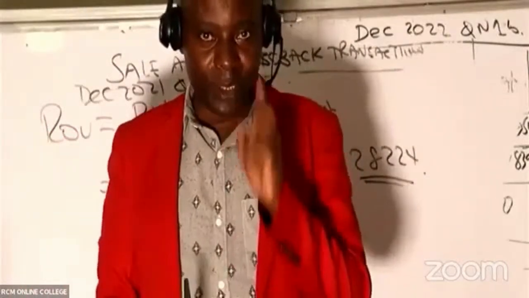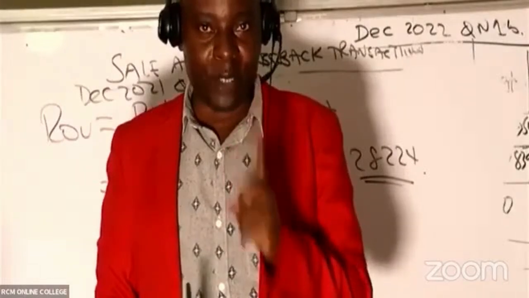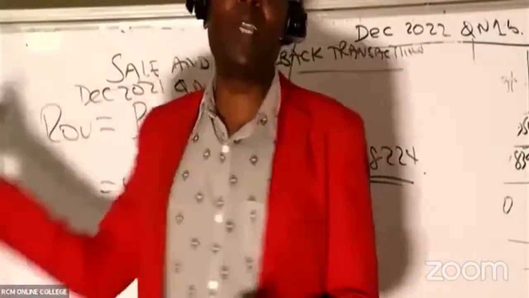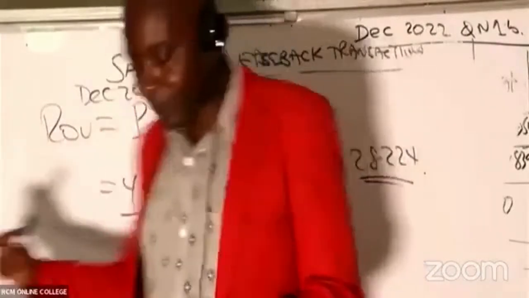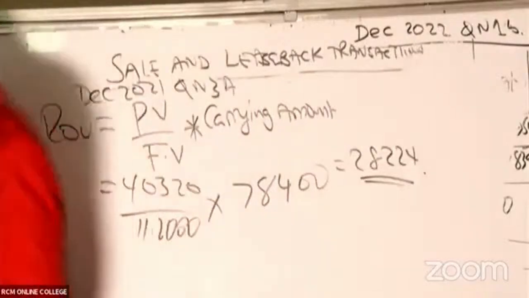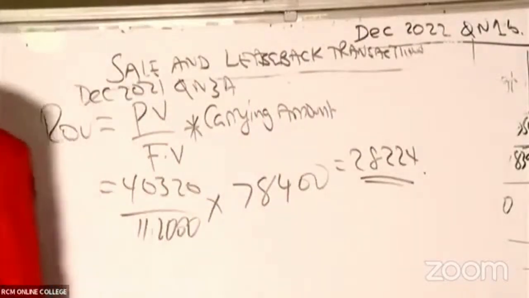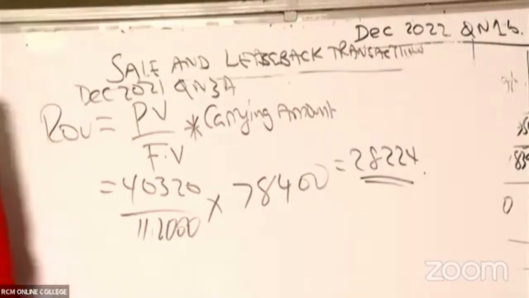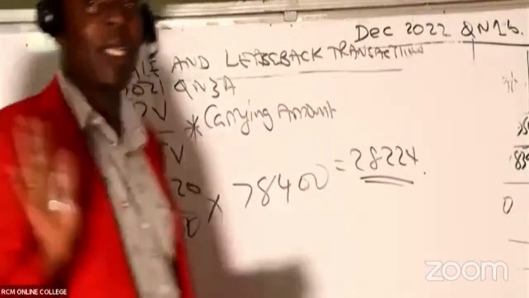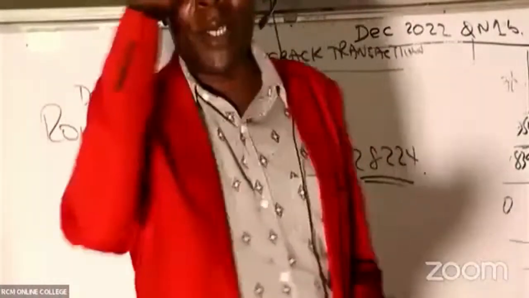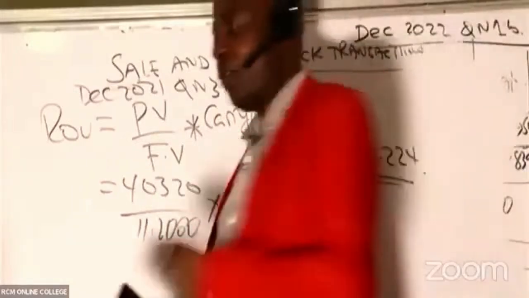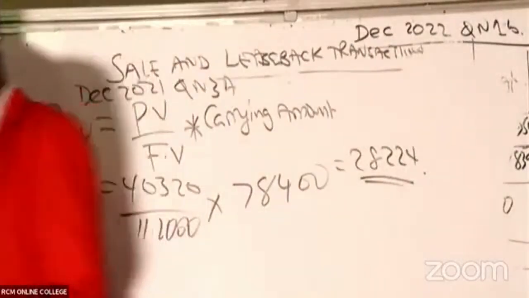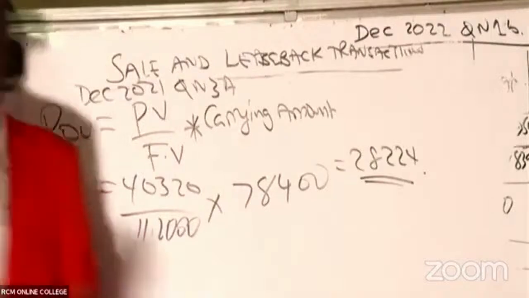Let me again, for the umpteenth time, remind my students: we only use this formula in situations where there is sale and leaseback. So when you go to the exam and you hear sale and leaseback, you may forget about everything, but we shall remember this formula.